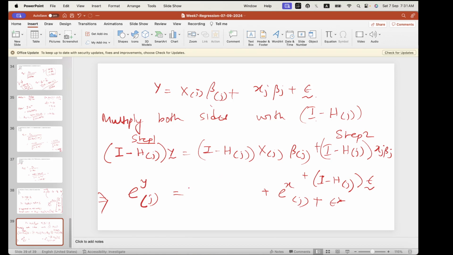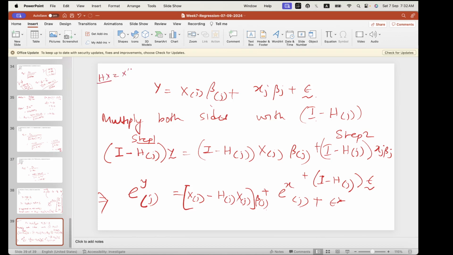Now this one becomes what? This becomes xj, if we take xj inside, minus Hj X_j into beta j. Now H into X is how much?